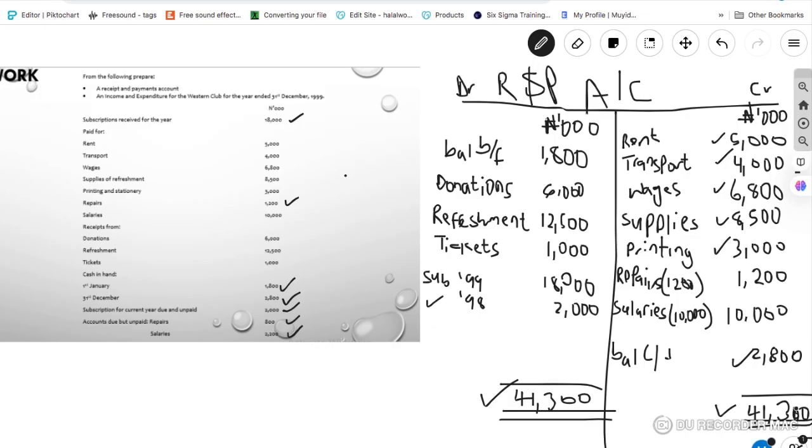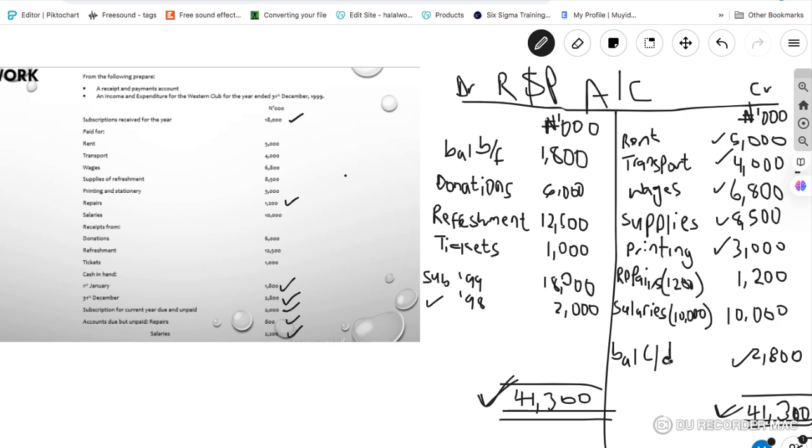So right now you can see that our account is balanced. We have a balance here because we've already been given the balance carried down, making the account a self-balancing account. When I say self-balancing account, it means we have already been given the balance carried down. We are no longer calculating the balance carried down. So right now our account is perfectly done.